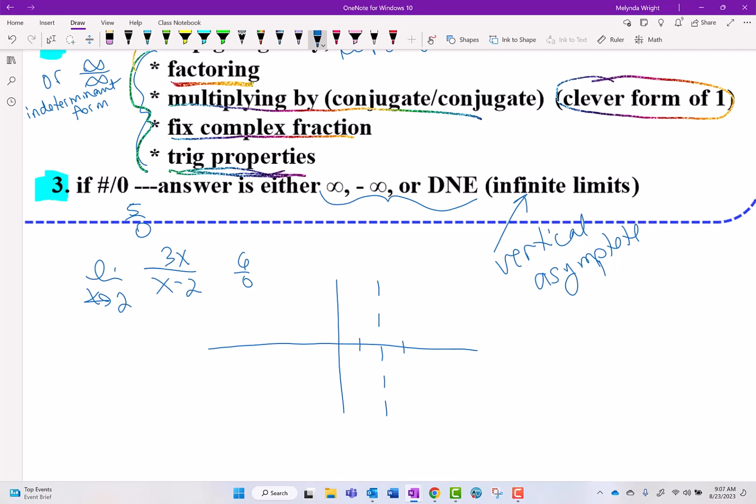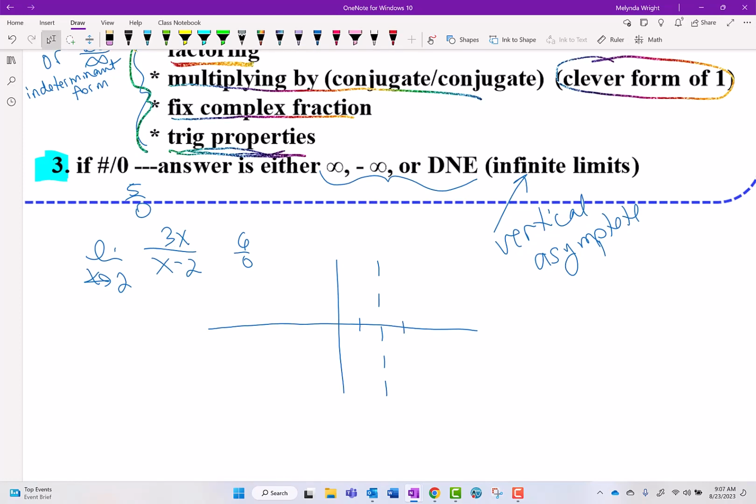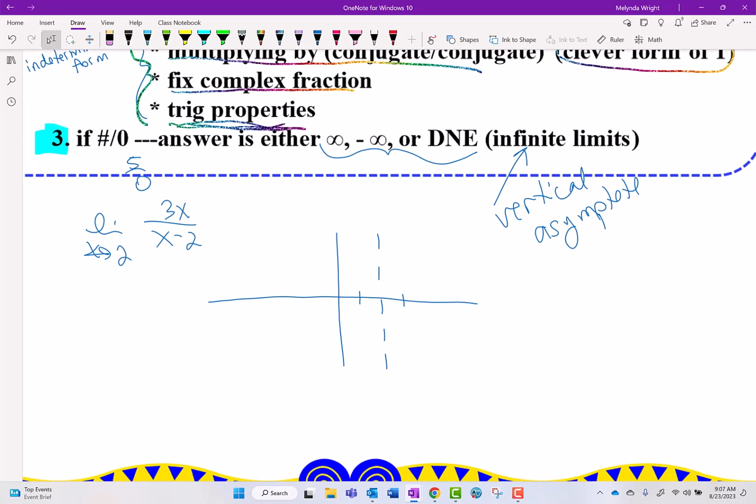So how in the world are we going to figure out the answer to this? This is what you would do every time this happens. It's the same procedure every time. If this happens, I go 1/10 on either side of, in this case, 2.